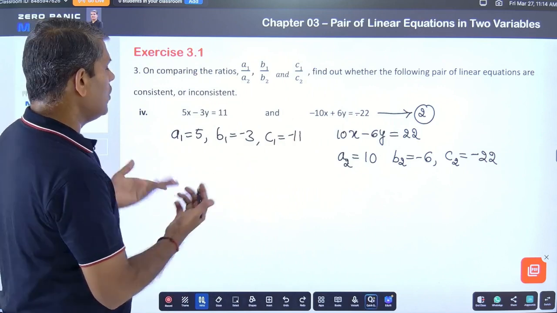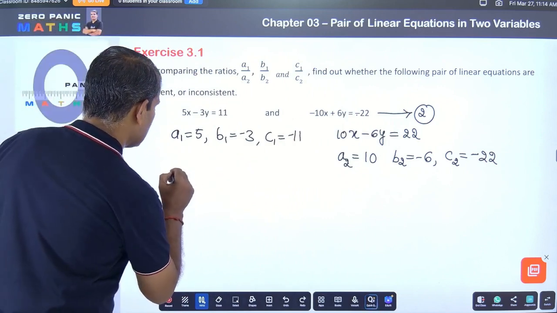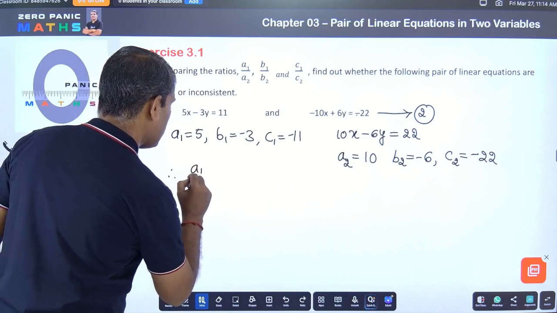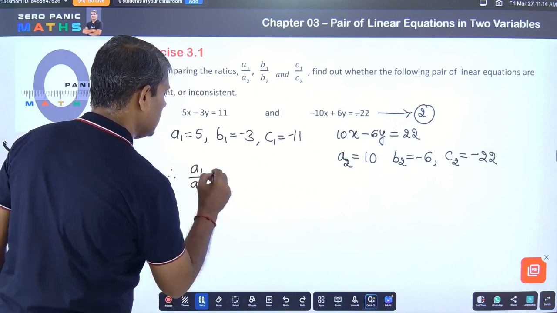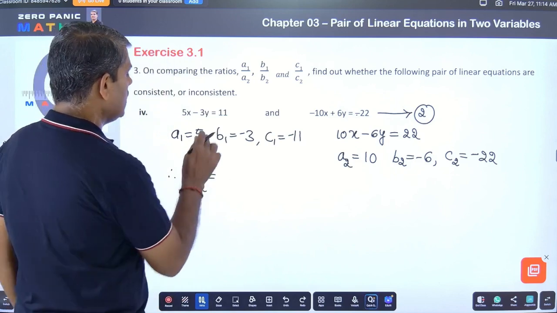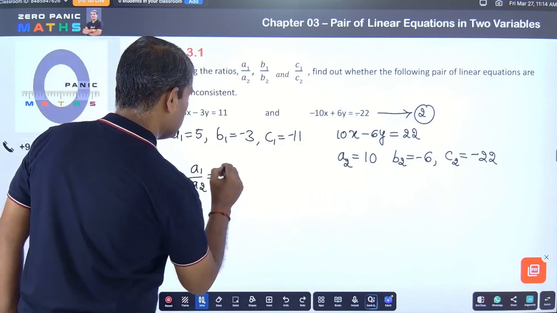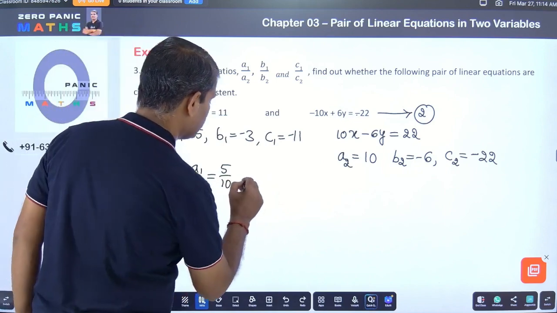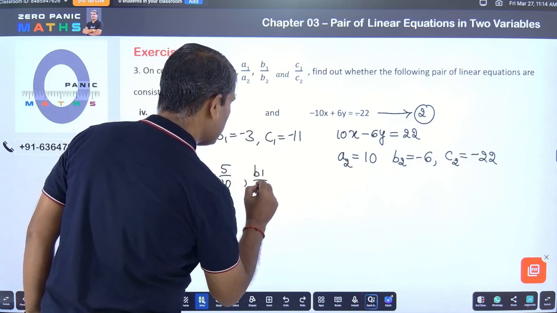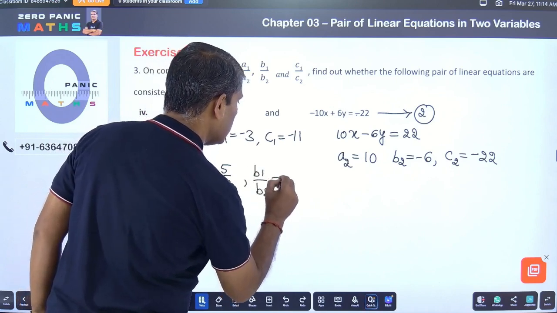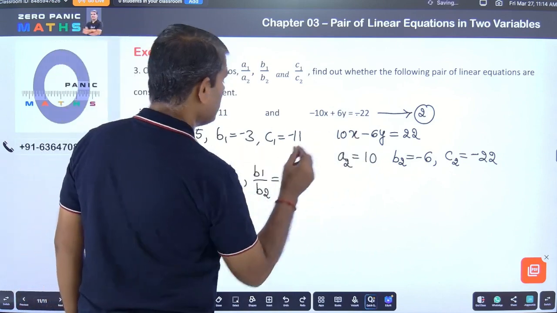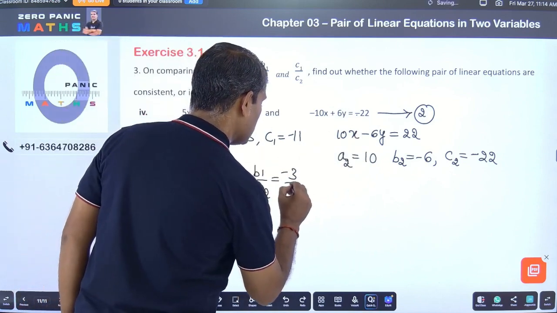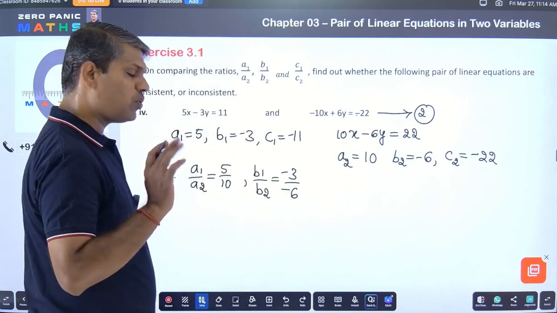Now what is a1 by a2? a1 by a2 is equal to 5 by 10, which is 1 by 2. What is b1 by b2? It is minus 3 by minus 6, that is also 1 by 2.